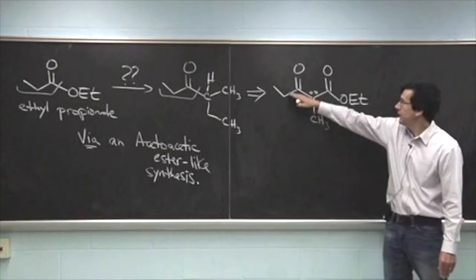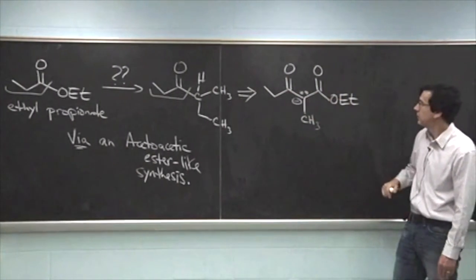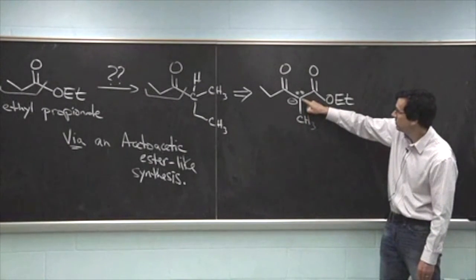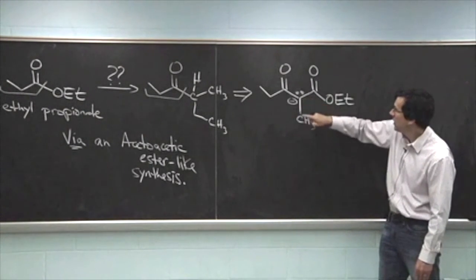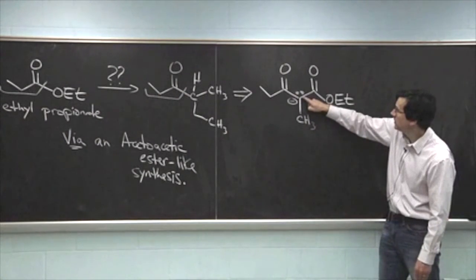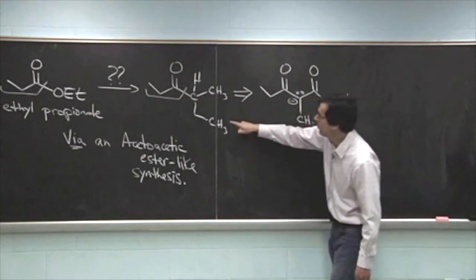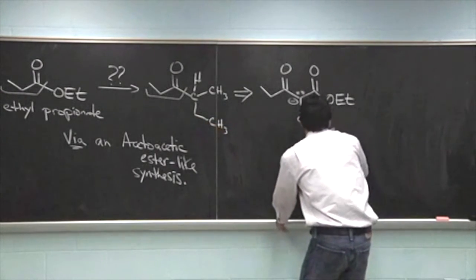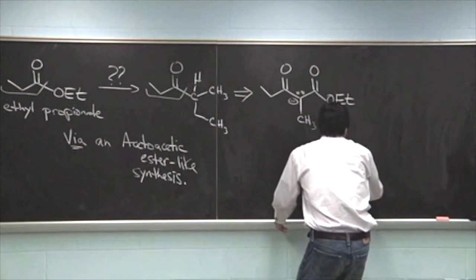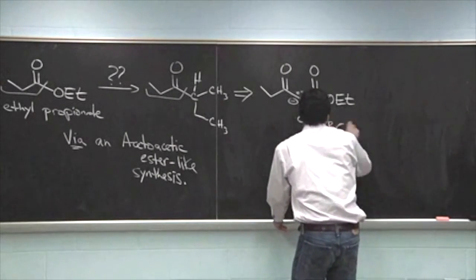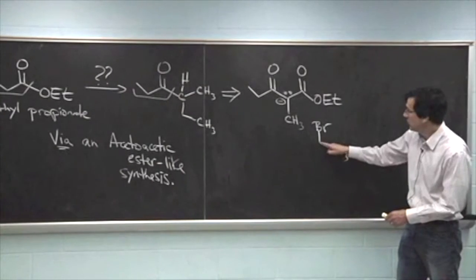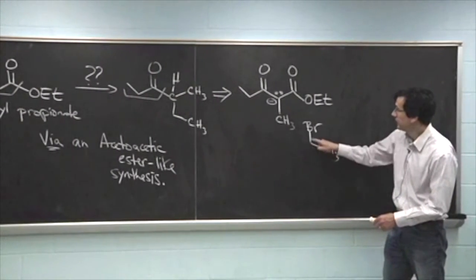So if I have this beta keto ester and I have the enolate, which should be fairly easily prepared, and if I were to alkylate that enolate, that would allow me to introduce this ethyl group. So I would need ethyl bromide, perhaps, to incorporate the 2 additional carbons.